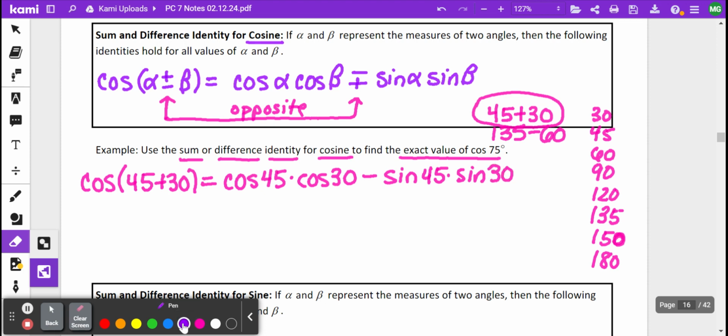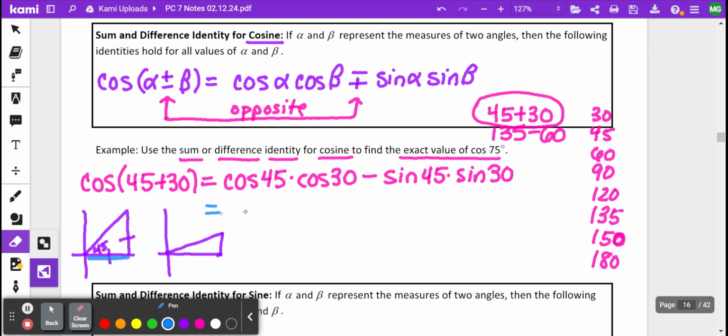Now, remember how I told you that the unit circle is never going away? I think you're starting to believe me now, because here we go again. Here's 45. Here's 30. Let's take a look at what we have here. So we have the cosine of 45.